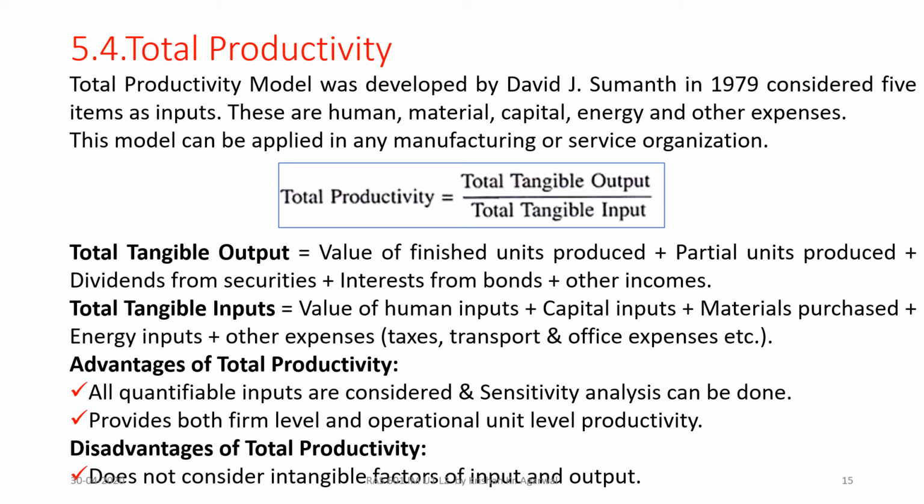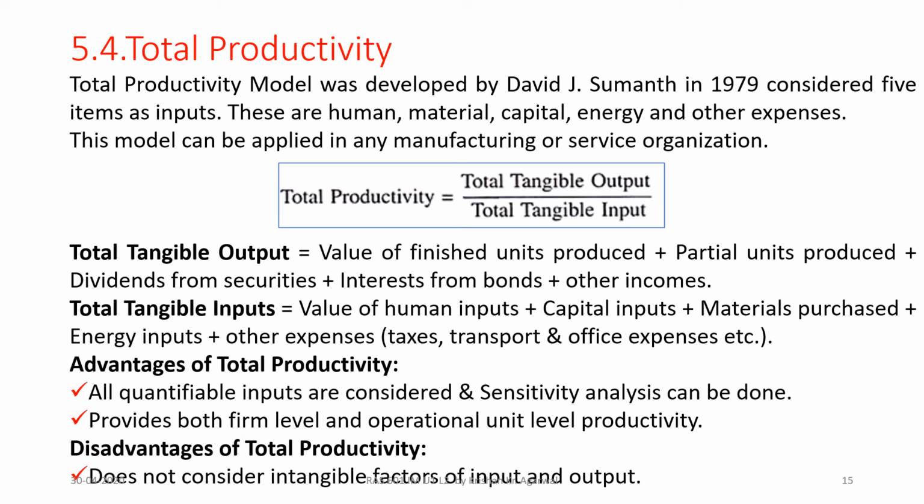Then the next question arises, that while calculating tangible output as well as tangible input, what is tangible output and what is tangible input? When we talk about tangible output, tangible is that which we can touch easily.